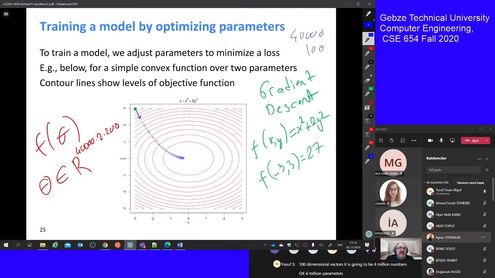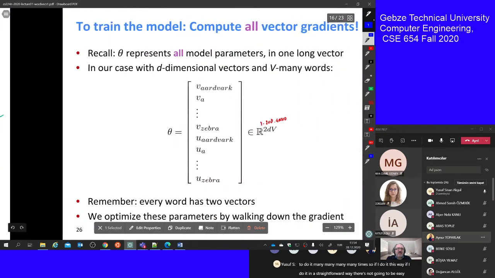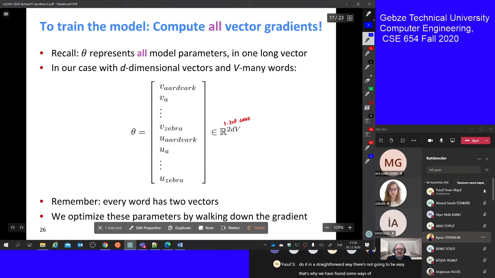So I will take the derivative of that objective function with respect to 4 million parameters, and I am not going to do it once, I am going to do it many times. If I do it in a straightforward way, that's not going to be easy. That's why we have found some ways of achieving this.